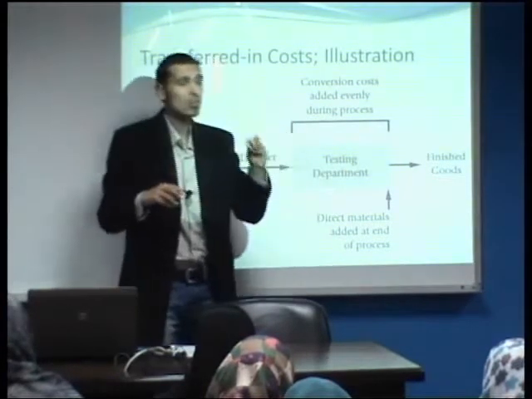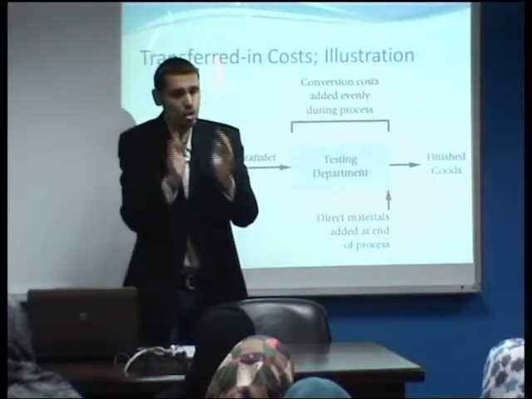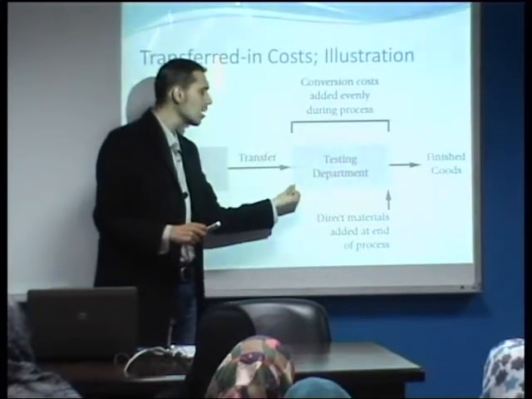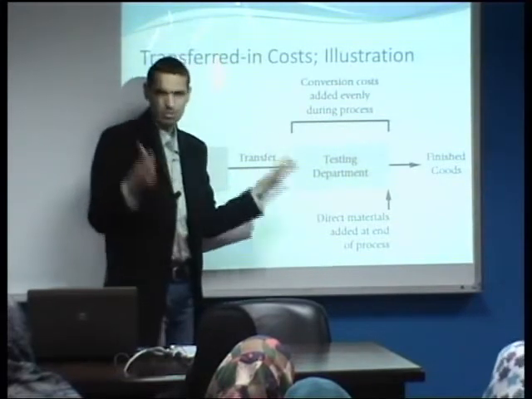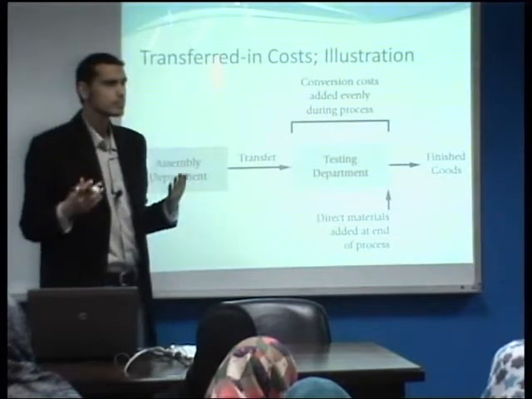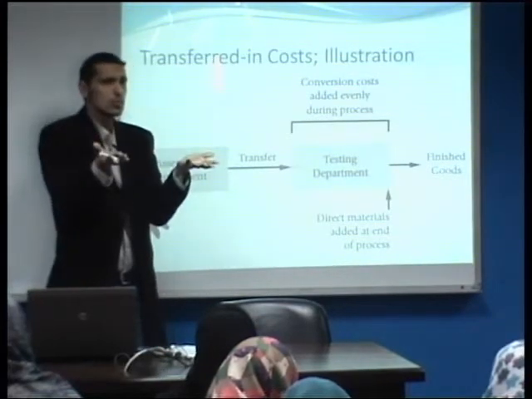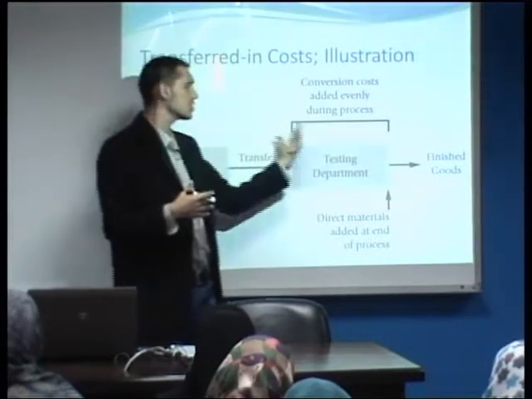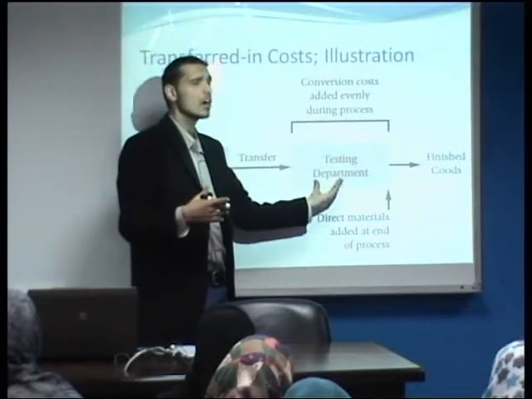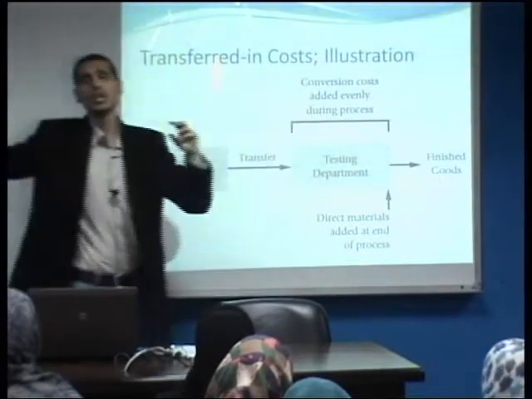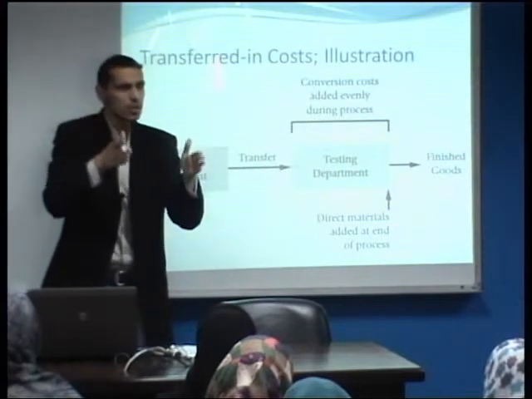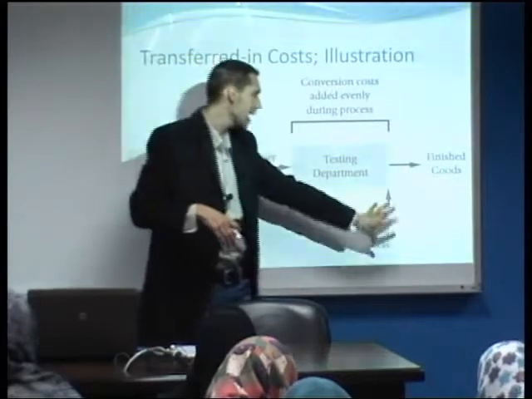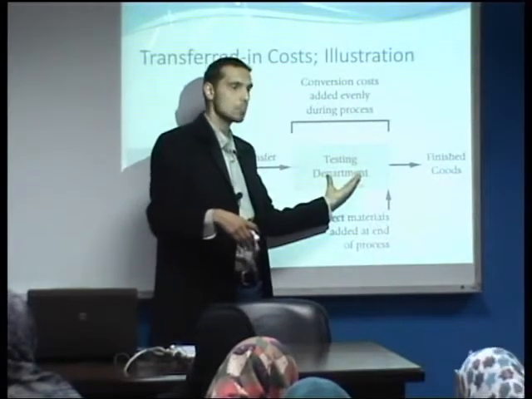Of course, this category of costs would be added at the beginning of the production process, because this would be the most rational decision to be made. We know that the assembly department would transfer to the testing department, and the testing department would first of all use these transferred units in order to add on them the conversion cost and the direct materials cost in this department.